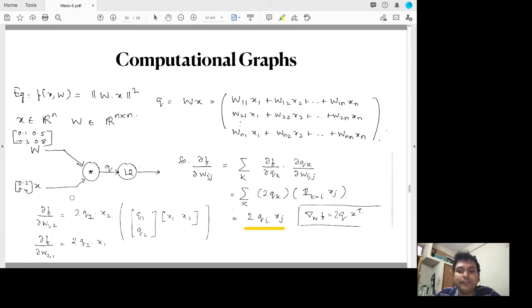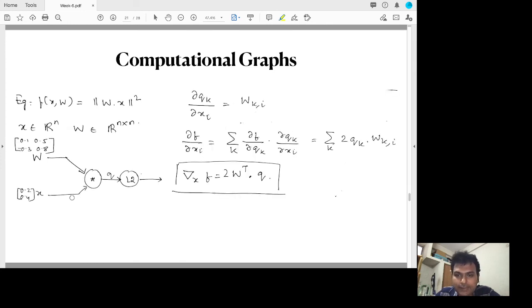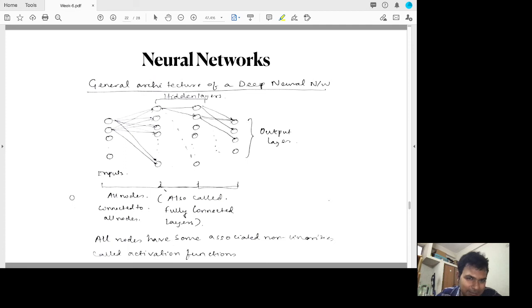You will get some feel about how this entire thing works. Sure, okay, sir. This is just a toy example with a 2 cross 2 weight matrix and a 2 cross 1 vector. So this will help you in the long run. That is the main point I wanted to make today.